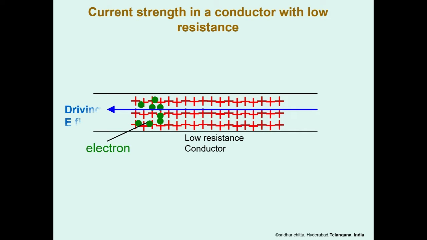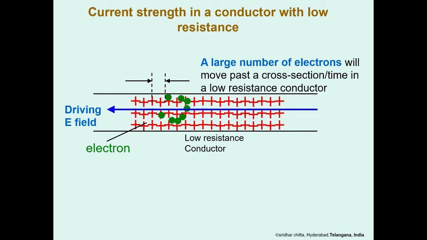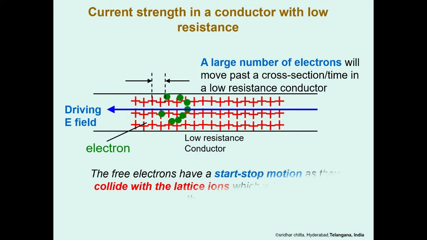We apply a driving electric field. A large number of electrons will move past a cross-section per time in a low resistance conductor. The free electrons have a start-stop motion as they collide with the lattice ions, which will be vibrating themselves.